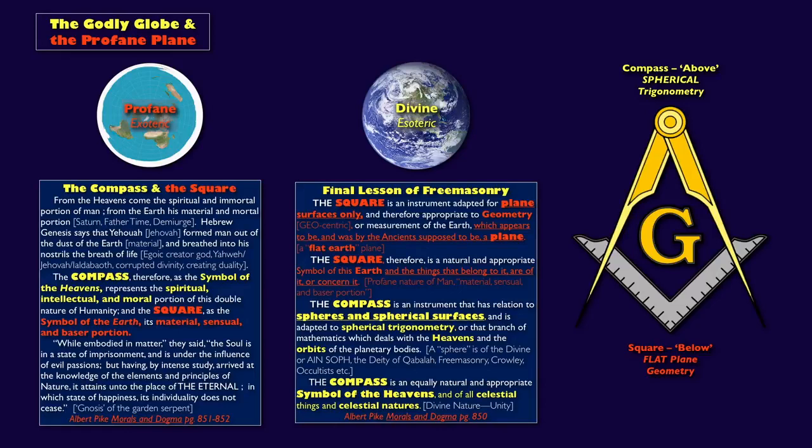So there you go. All the cool, awesome, one unity esoteric stuff is of the spherical nature of the compass, and all of the profane separateness of the demiurge and the illusion of the false ego is of the square, according to esoteric Freemasonry and philosophy.